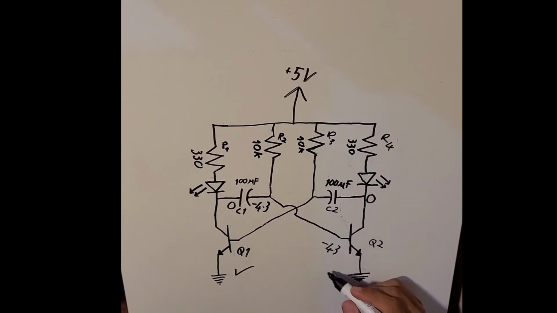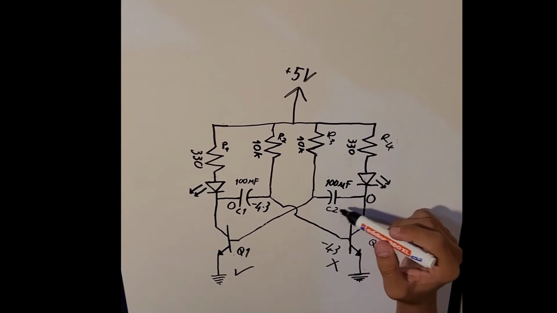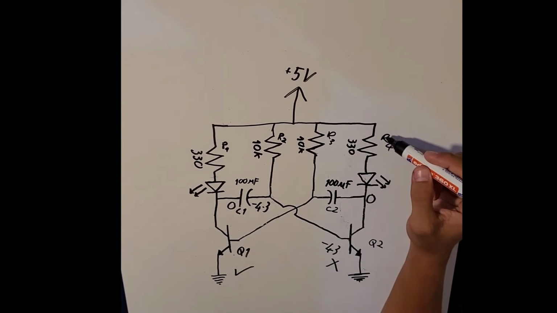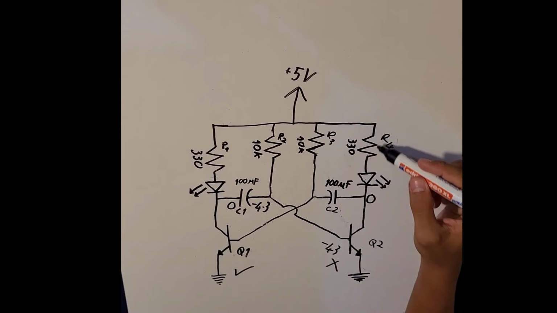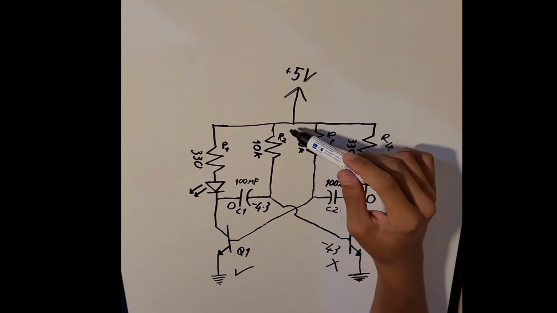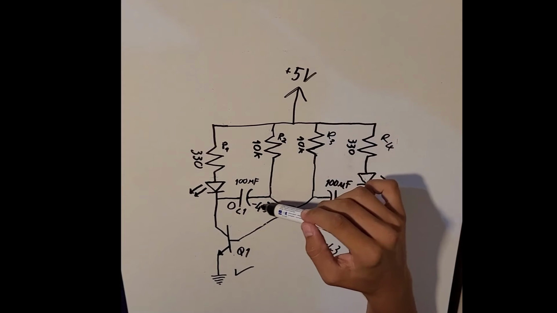So Q2 will be off. And C2 will be almost empty, and it will charge through R4 from this line. C1 will discharge from this load through R2.